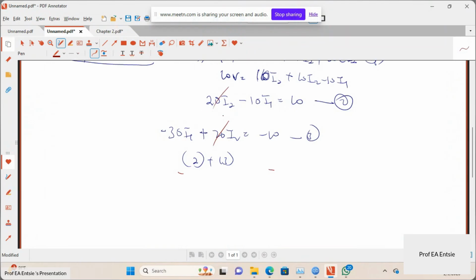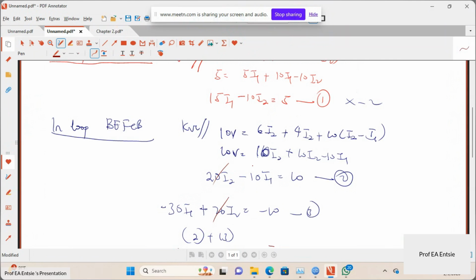Equation 2 and 3. So minus 10 plus 20I2. So that will not cancel it.